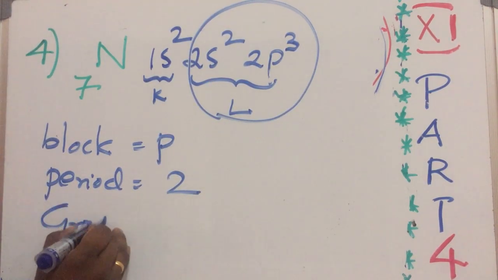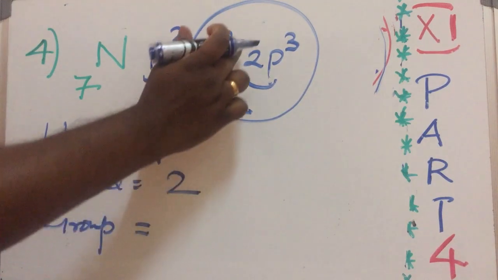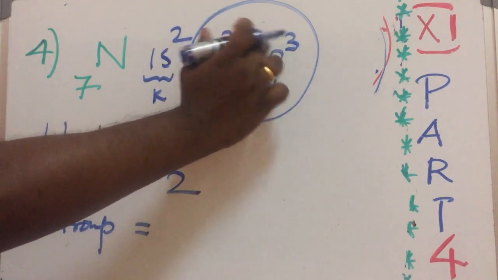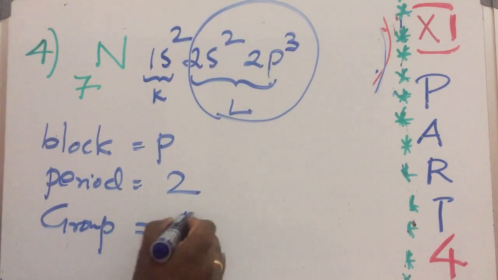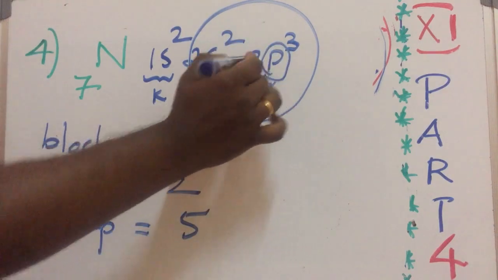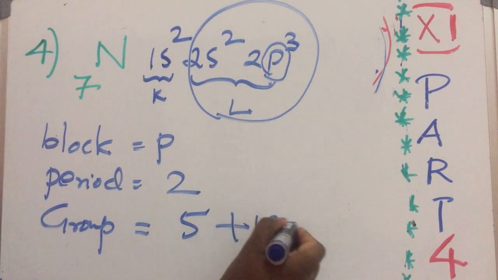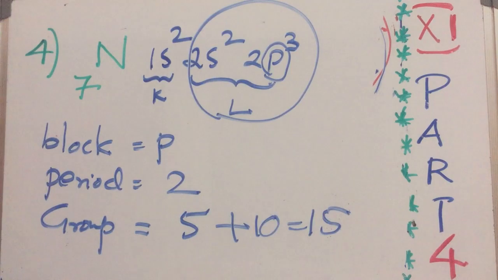Group is equal to number of electrons in the valence shell, 2 plus 3, 5. And the element belongs to P block, so add 10, so 15. So nitrogen belongs to 15th group, second period and P block. And this is the way to find group, period and block of a given element from electronic configuration.